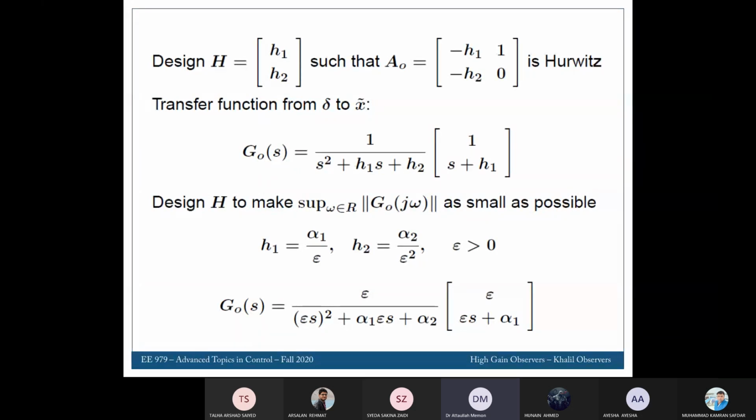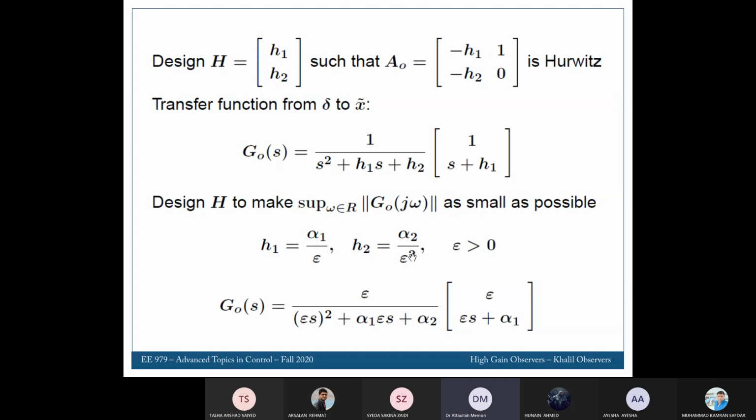Okay, if I choose h1 to be alpha 1 over epsilon, where epsilon is a very small number, and h2 to be alpha 2 over epsilon square. So alpha 1 over epsilon, that's h1. h2 is alpha 2 over epsilon square. If I had a third equation, h3 equal to alpha 3 over epsilon cube. If I had a fourth equation, h4 equal to alpha 4 over epsilon power 4 and so on.